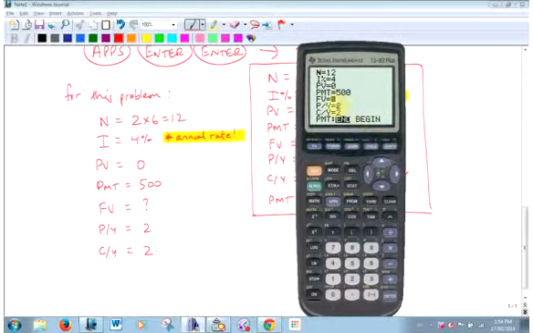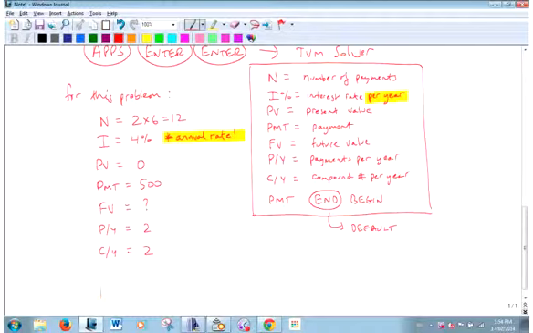Okay? Now, how do I solve for FV? Let's write it down first. Solve. So FV, put the cursor over what you're trying to solve for, FV. Then there's an alpha button, press that.